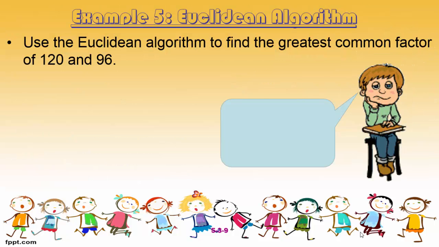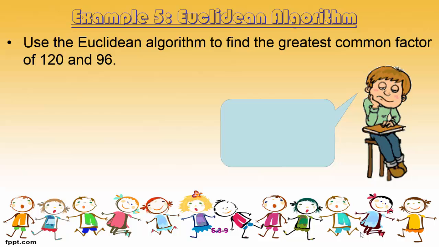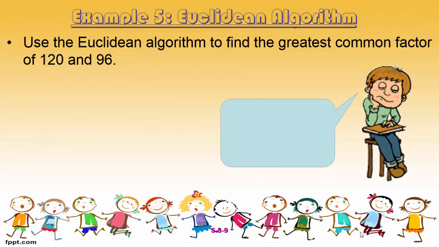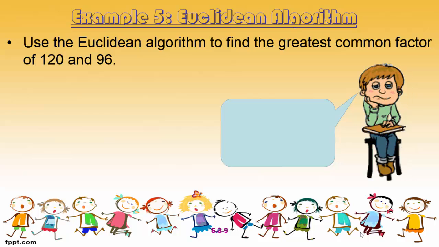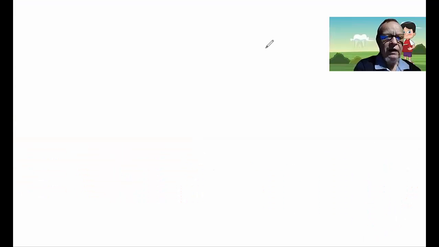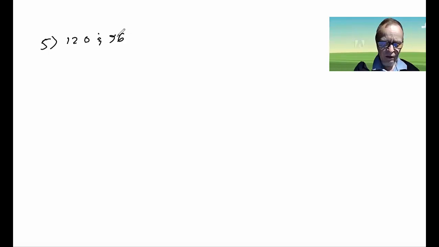In example number 5, we're going to use the Euclidean algorithm to find the greatest common factor of 120 and 96. For this one, I'm going to go over to the whiteboard and work this one out. In example number 5, I'm asked to find the greatest common factor of 120 and 96.